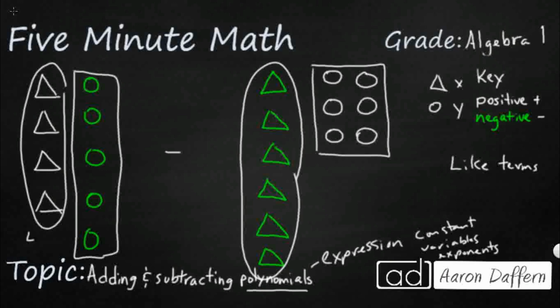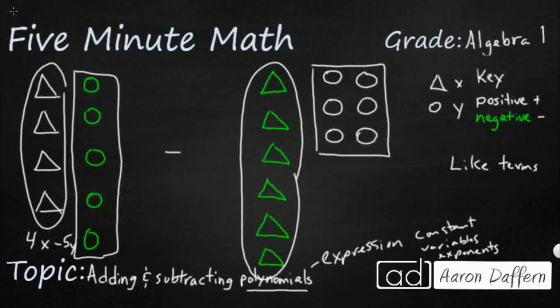Well, I've got 4 x's because each of those triangles are going to be an x. Now, I've got 1, 2, 3, 4, 5 y's, but they're negative. So I'm going to say minus 5y. And then what do I have over here? Well, I've got 1, 2, 3, 4, 5, 6 x's.